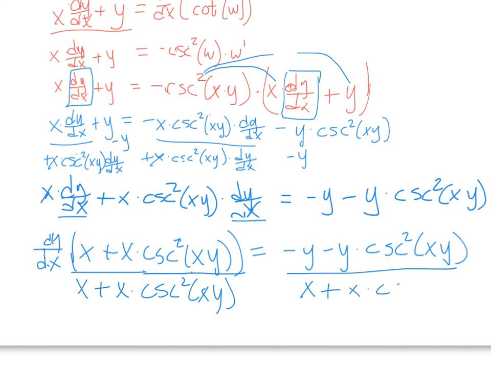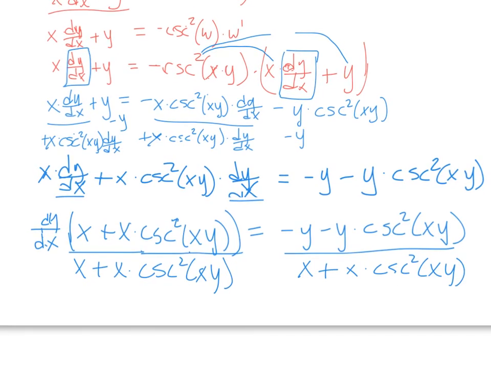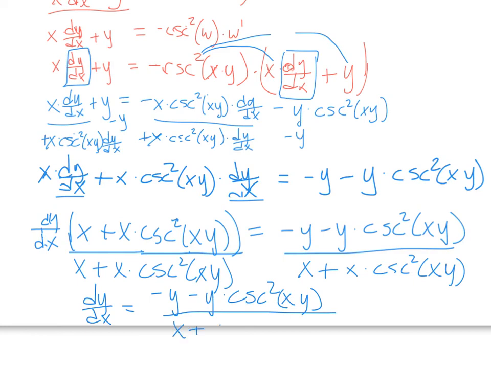As a result, let me move down, we're off the page, we get that dy/dx is equal to negative y minus y times cosecant squared of xy, all divided by x plus x cosecant squared of xy.